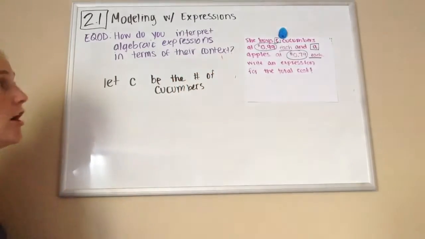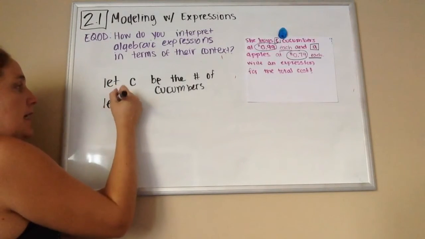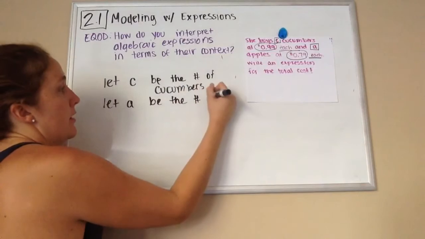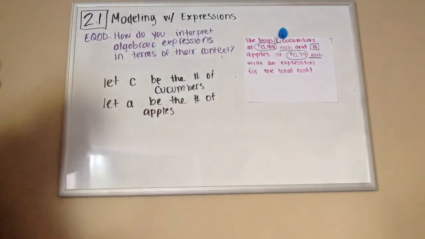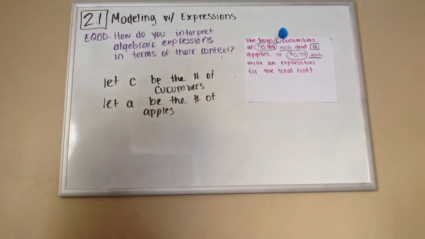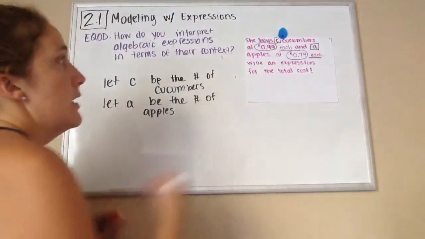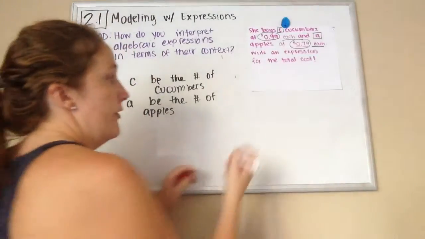All right, our other variable is A, so A is going to be very similar, but we're letting A be the number of apples, right? And we've got the cost of each of those. Cost is 99 cents and 79 cents. Okay, so when we're talking about purchasing, the cost is always going to be the coefficients.